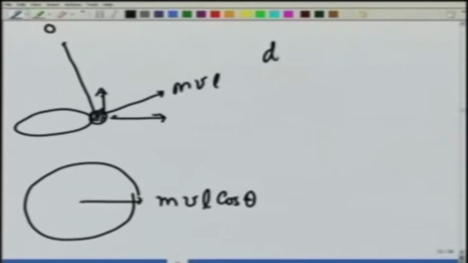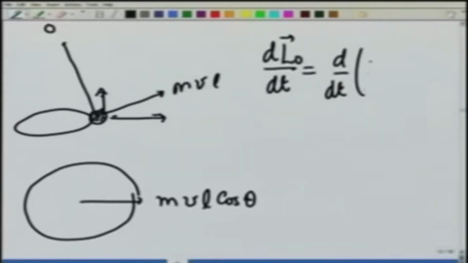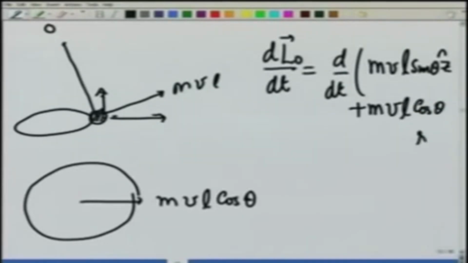So, dL about O by dt is going to be d over dt of m v L sin theta z plus m v L cosine of theta r. In the first term, m, v, L, theta, z are all constant, so this derivative is 0.